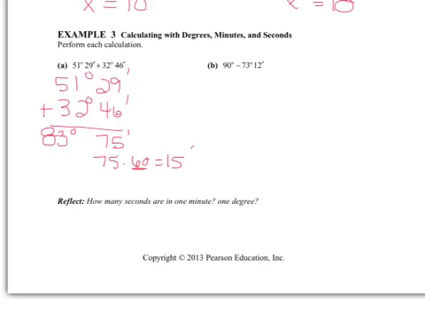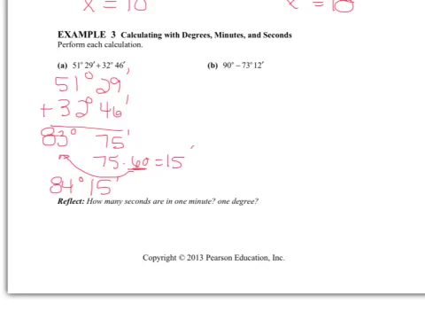We know that this 60 is actually 1 degree. So we can take that 1 and add it over here to the 83, and then we would end up with 84 degrees, because 60 minutes, an hour, excuse me, would give us 1 degree. So we can rewrite that as 84 degrees and 15 minutes.